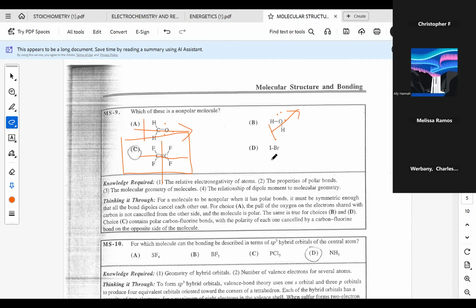Both of these are fairly electronegative. They're both halogens, but we would also see a difference in the bonding. So any difference in electronegativity refers to a polar bond. We're looking for nonpolar, so we're looking for something with high symmetry if we see polar bonds.